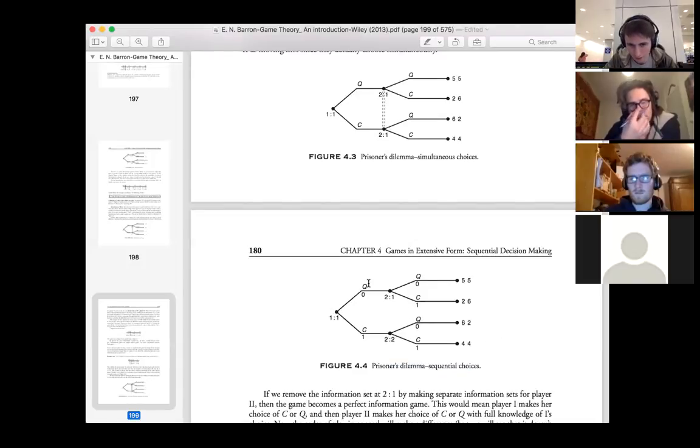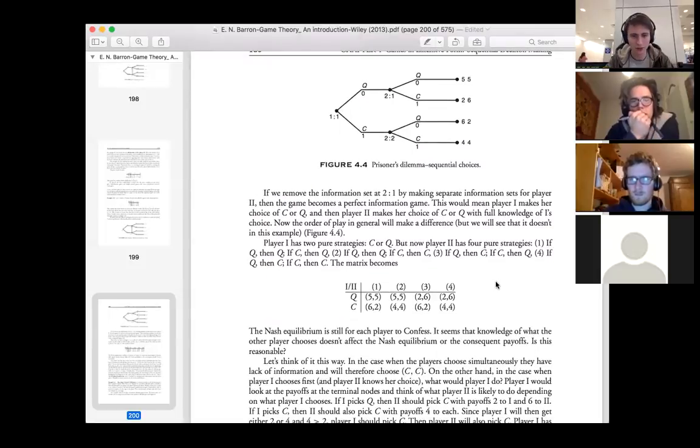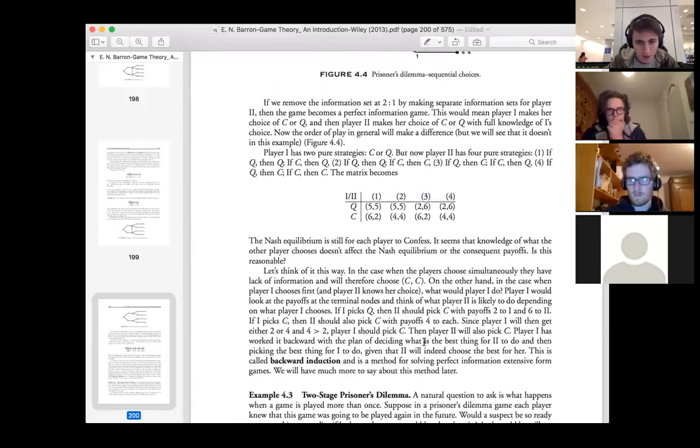The C is for confess. If they don't confess, then player 2 has 6 points for confessing. If he does confess, then 2 points for confessing. And so that works for a sequential game. And we model it out the same way, just like Martin was saying, where you take into consideration the different strategies, depending on what they would choose.